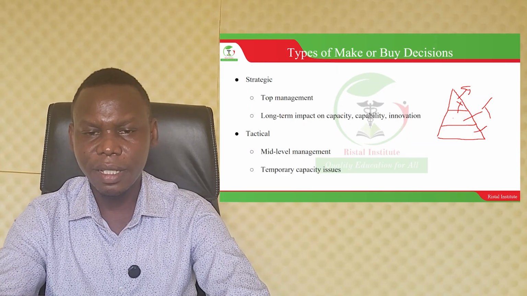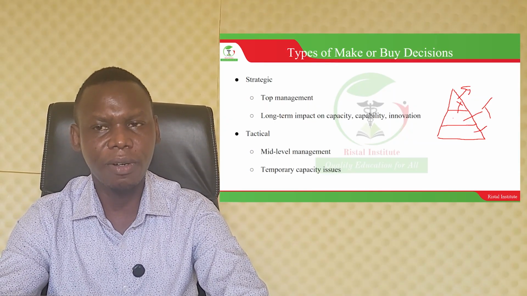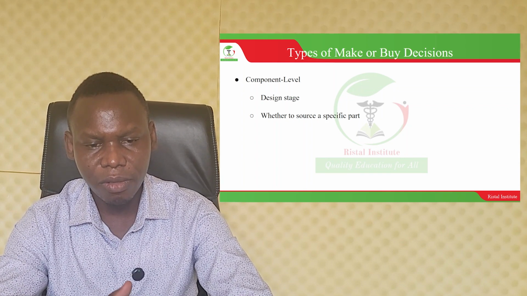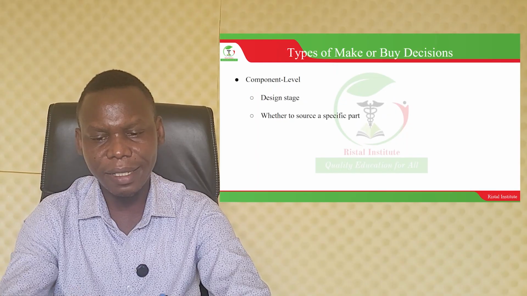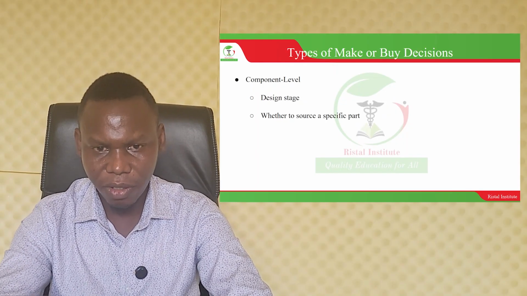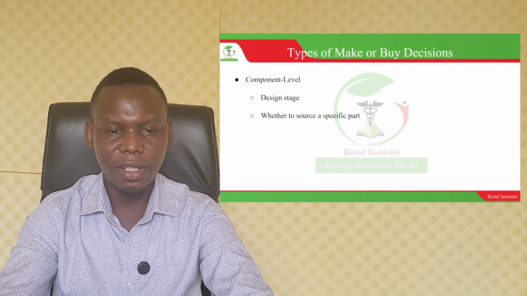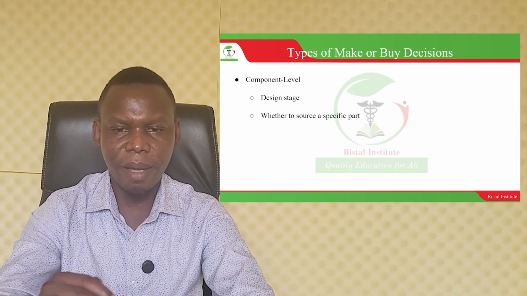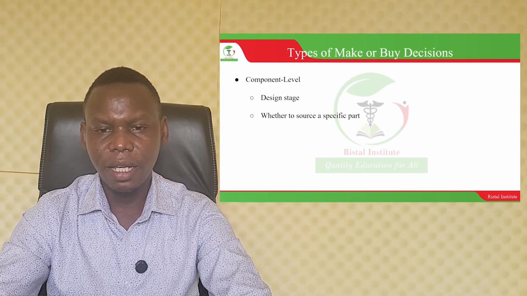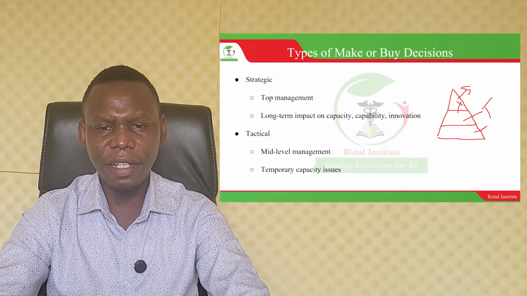They will make the decision either to design it within the company or have someone else design it, or to source specific parts of the product, or have the whole product made within the organization. So those are the 3 levels whereby make or buy decisions are made in the process of outsourcing.